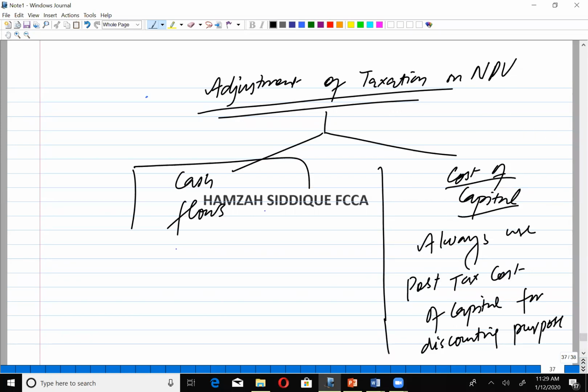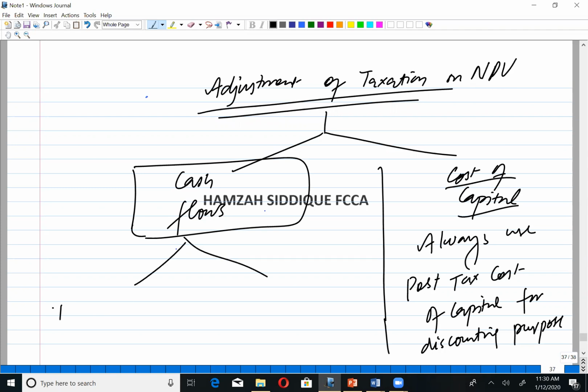On the cash flows, students, this taxation aspect is very important and it usually disturbs the student in the exam. Let me tell you. Please focus. Now, two impacts on the cash flow.